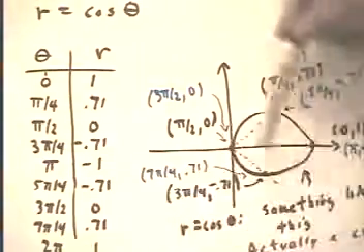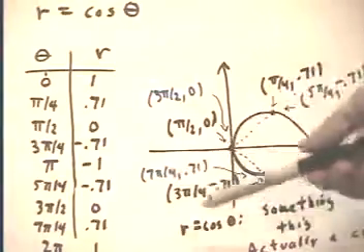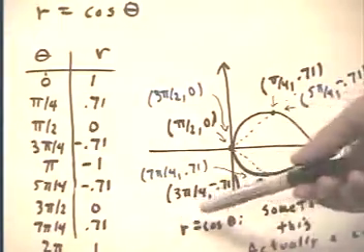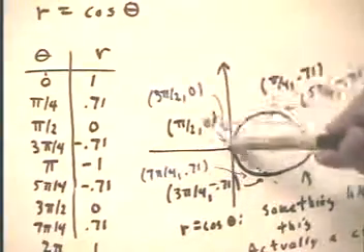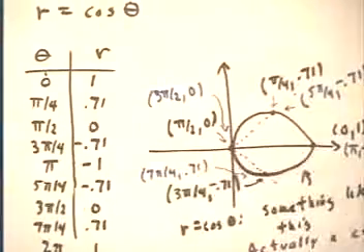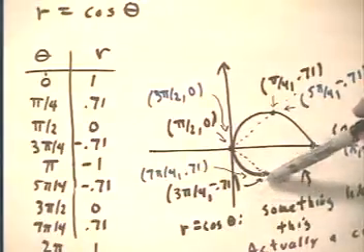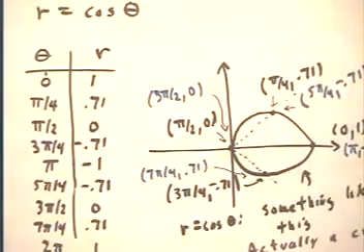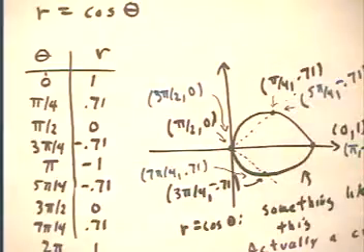Where's 7 pi over 4? Well, that's down here in the 4th quadrant. Just like the 3 pi over 4, negative 0.71. We went 3 pi over 4 at displacement negative 0.71 for this point. Now we're going to go 7 pi over 4 with a positive 0.71, and we're going to end up at the same point. And then, of course, when we get to 2 pi, we're going to be at 1, and 2 pi is in this direction.